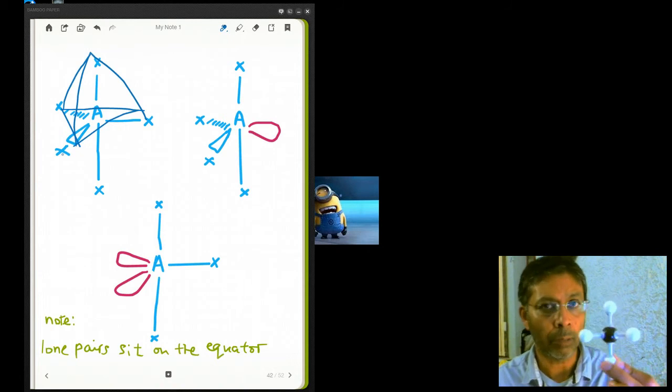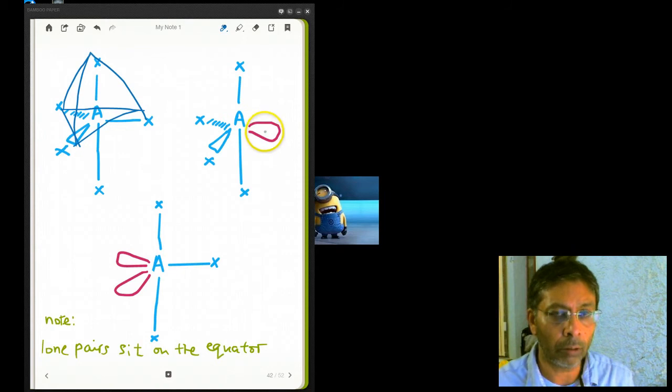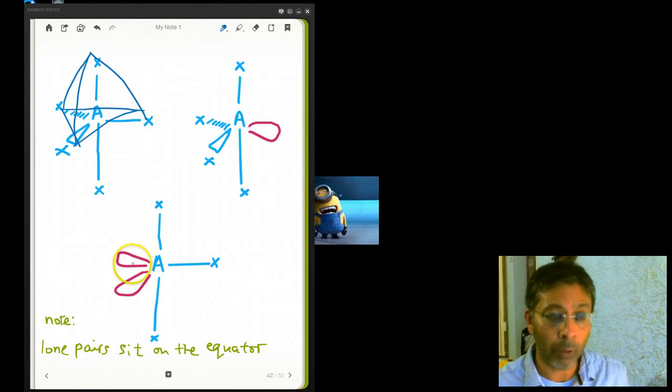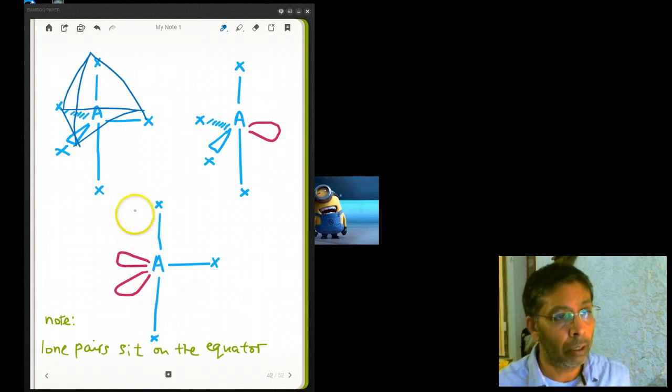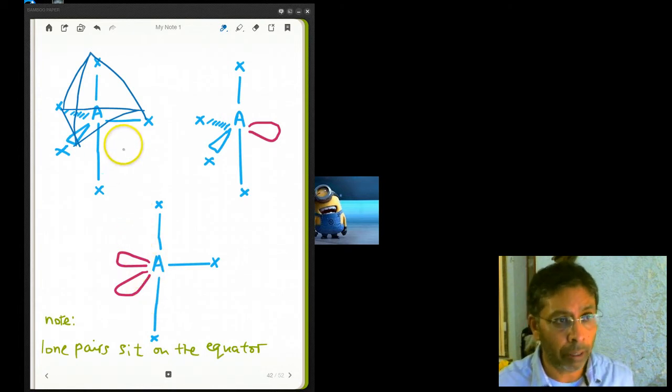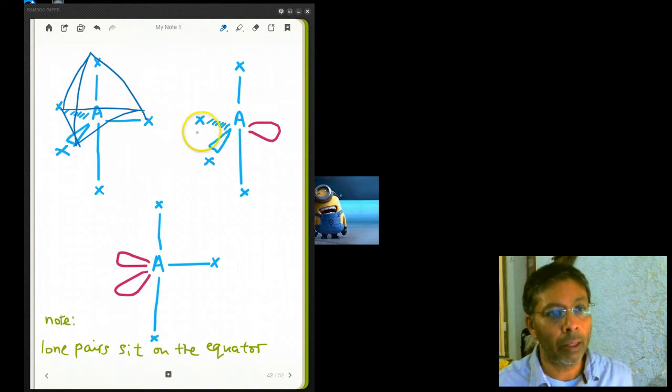If you've got a trigonal bipyramid, the lone pairs will always sit on the equator. That's one lone pair. If you've got 2 lone pairs, they will sit on the equator as well, with 5 electron regions again. This one is a trigonal bipyramid, like I've just explained. This one is a seesaw shape.